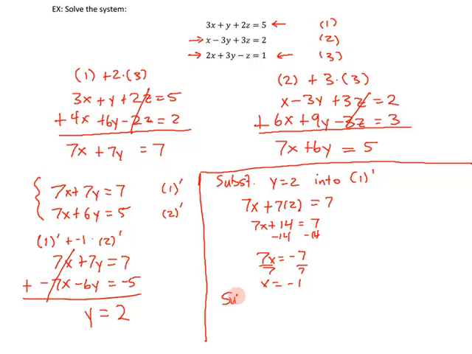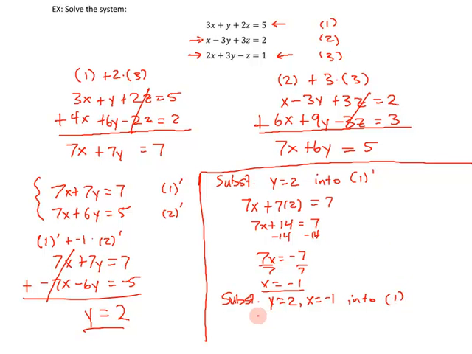Now let's substitute y equals 2 and x equals negative 1 back into one of the original equations. So let's say we do it back in equation 1.